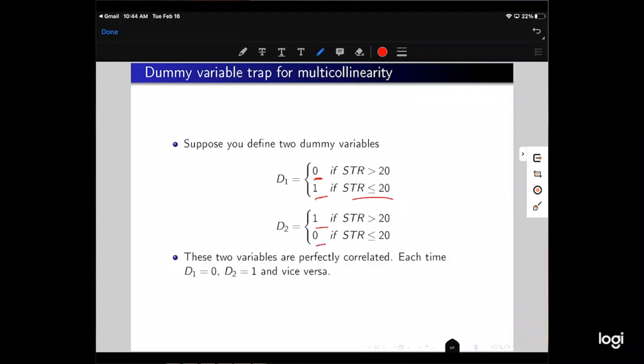So if you include both of these in the model, they're perfectly correlated. Each time D1 equals 0, D2 equals 1, and vice versa. This is a really common problem with dummy variables, especially with something like male and female dummies. You can't include both in the model. One has to be dropped.